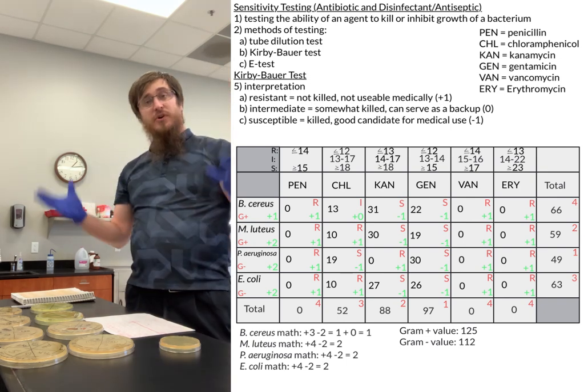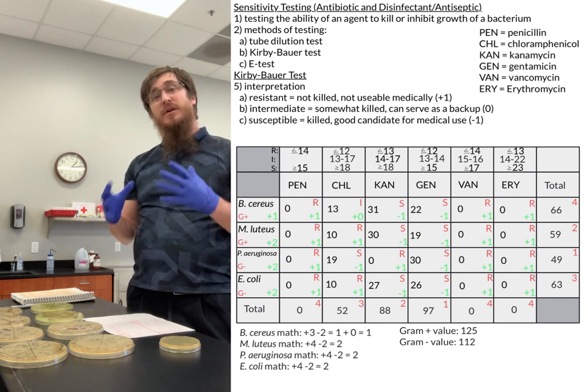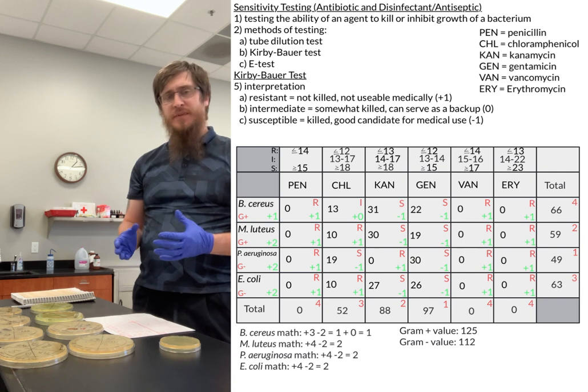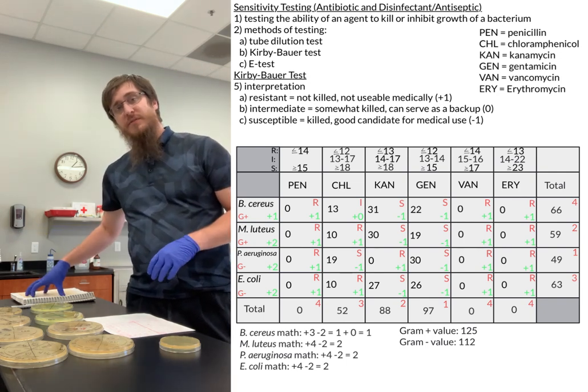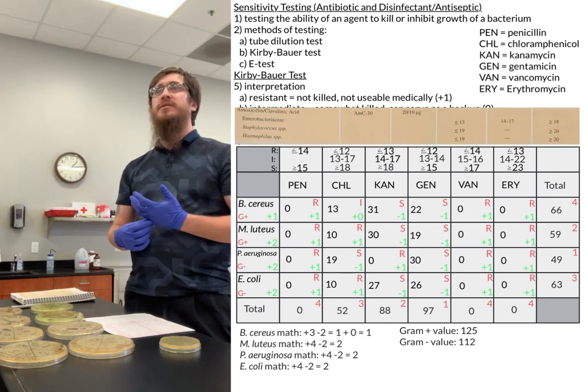So those are all the different ways that we can interpret the data that we have for our antibiotic sensitivity testing. Just one note on using the big tables that we have: you can end up with multiple numbers, like in this example here.